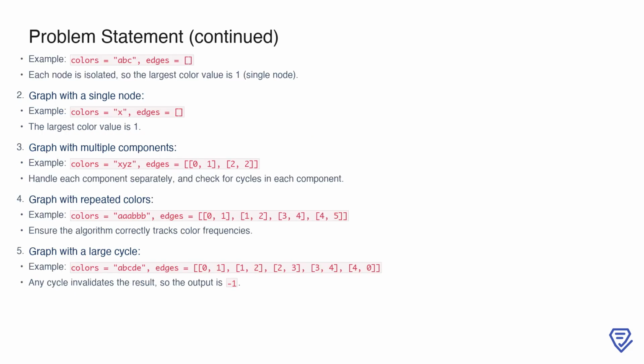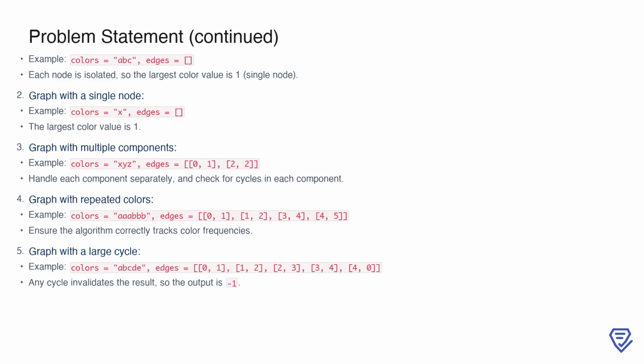We also need to handle graphs with multiple components. For instance, if colors is "xyz" and the edges are [0,1], [2,2], we analyze each component of the graph separately. For the first component, nodes 0 and 1 form a valid path, while node 2 has a self-loop, making it invalid. Additionally, consider graphs with repeated colors.